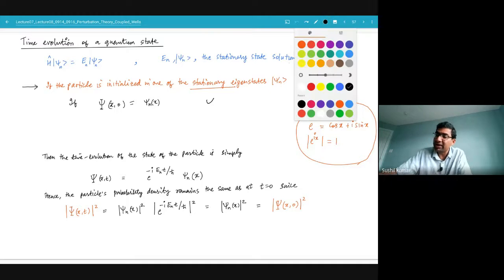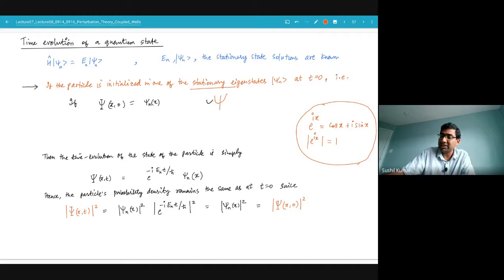This is going to be my stationary state wave function, and the other symbol I'm going to use is the capital psi, I guess, and this is the small psi, Greek letter. So this will be a function of space and time. This will be the time dependent wave function.